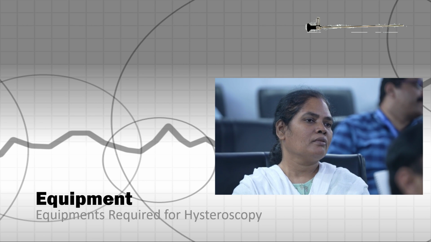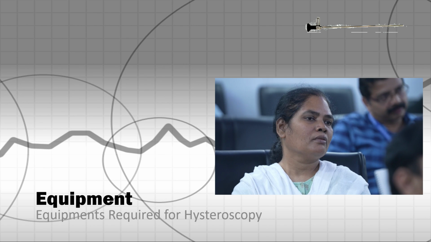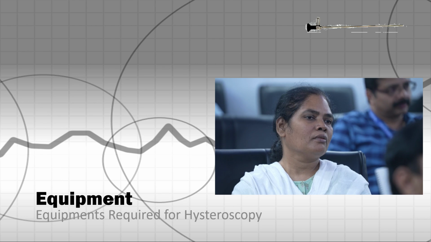It will be difficult to visualize. If you use 0 degree, it will show you in front, and if you try to move it to the right side, the entire uterus will move together. Left side, the entire uterus will move together, because it is stuck with the cervical canal.